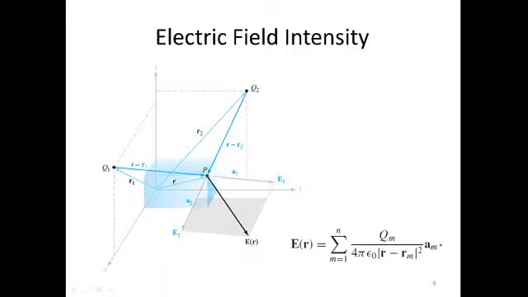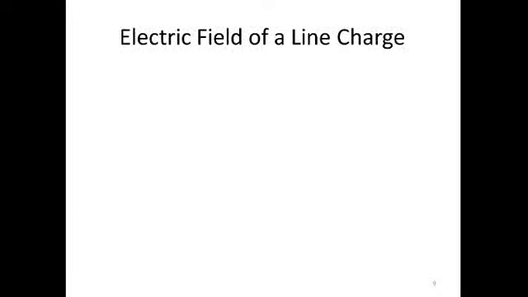Now we have to extend to more charges, and in what way? We arrange them into a line, in a linear fashion. Then we will have the electric field that is produced because of a line charge. Now there are different forms of charges.